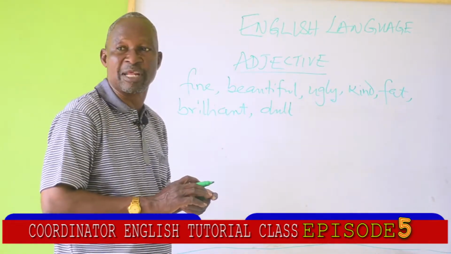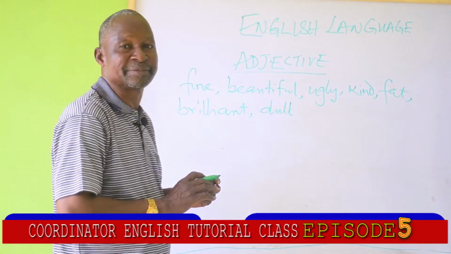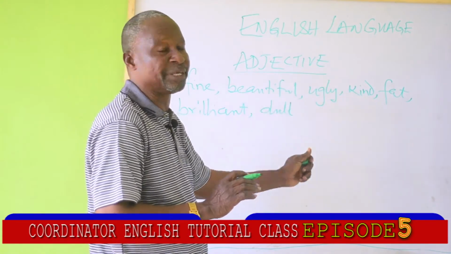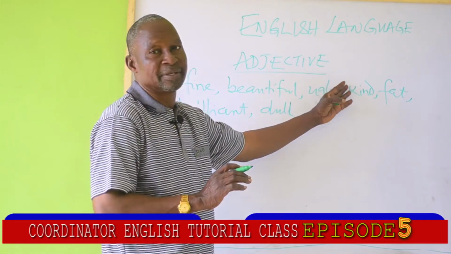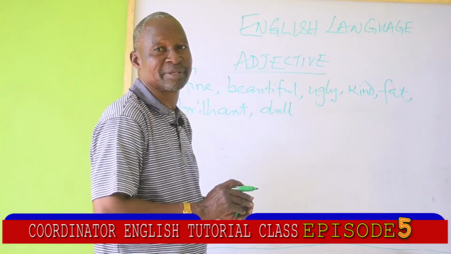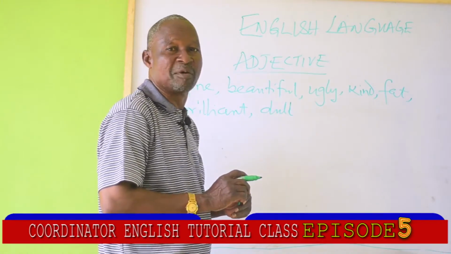She is an ugly being. The word ugly there qualifies being. The man is kind, or he is a kind man. Kind there is an adjective qualifying the noun man.